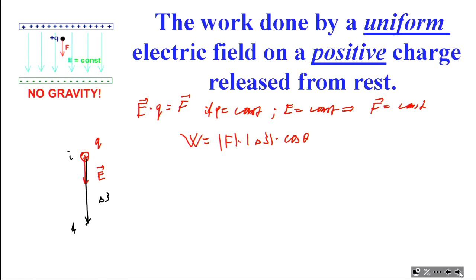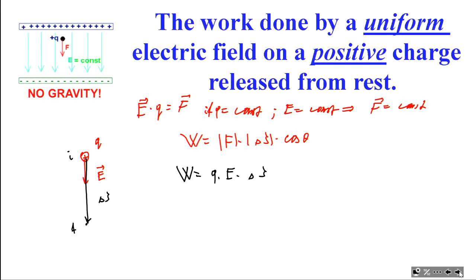And what is the angle between the force and displacement in this case? 0, there is no angle. So if you want to calculate work now, we just have to multiply the magnitude of the force, which is Q times E, times, so for now it's just delta S, the magnitude of the displacement.